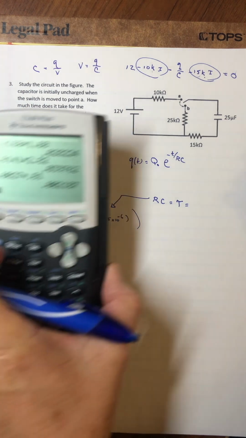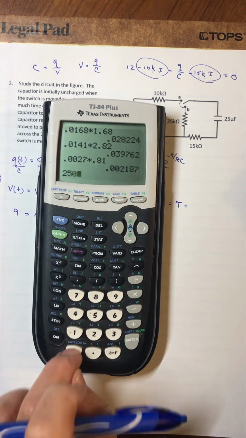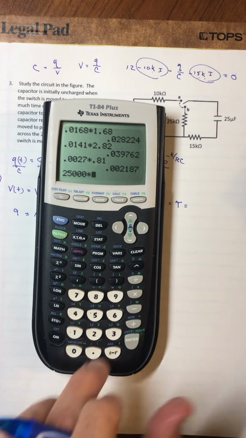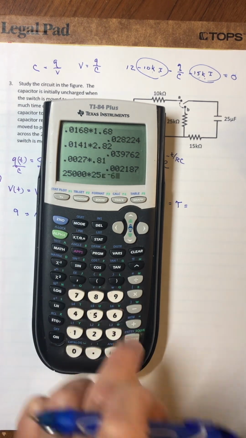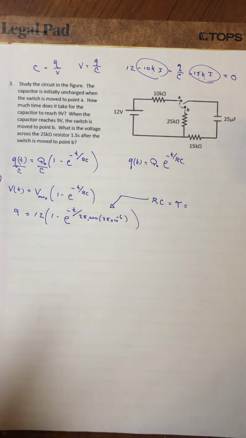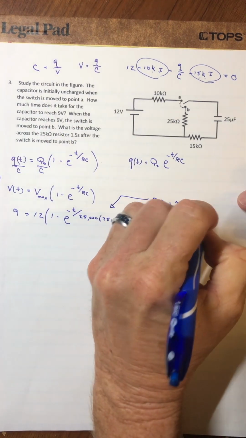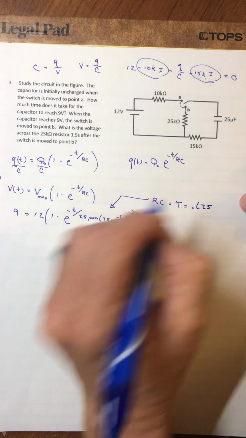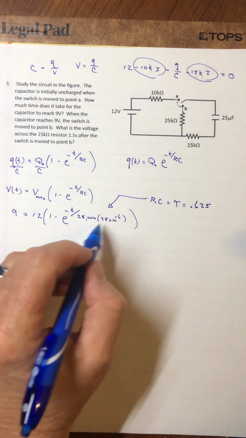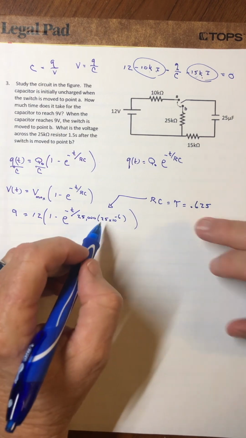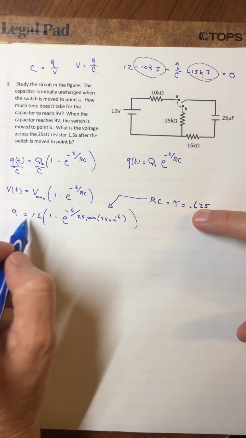And so grabbing my calculator, 25,000 times 25 micro is 0.625. And so I can replace all of these with this 0.625, and I think I will.